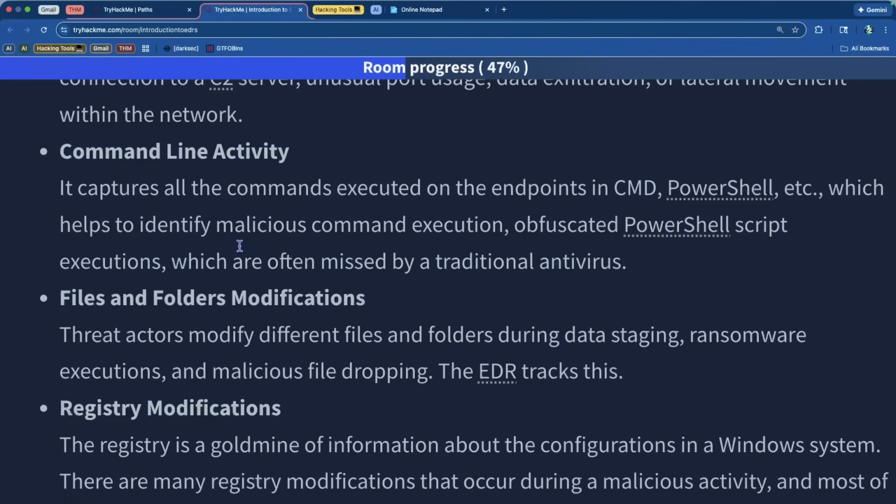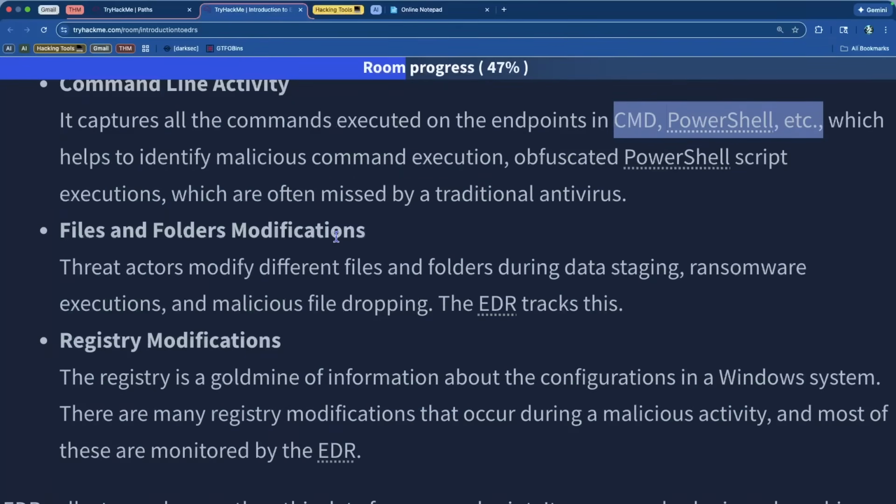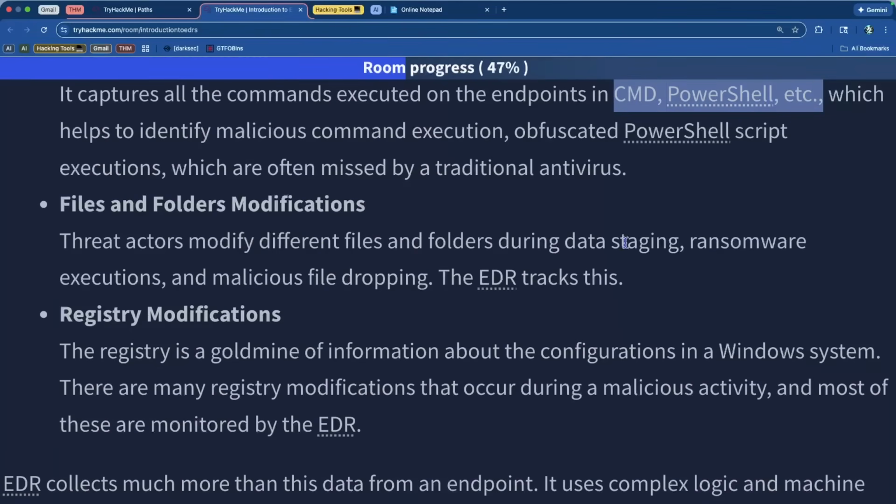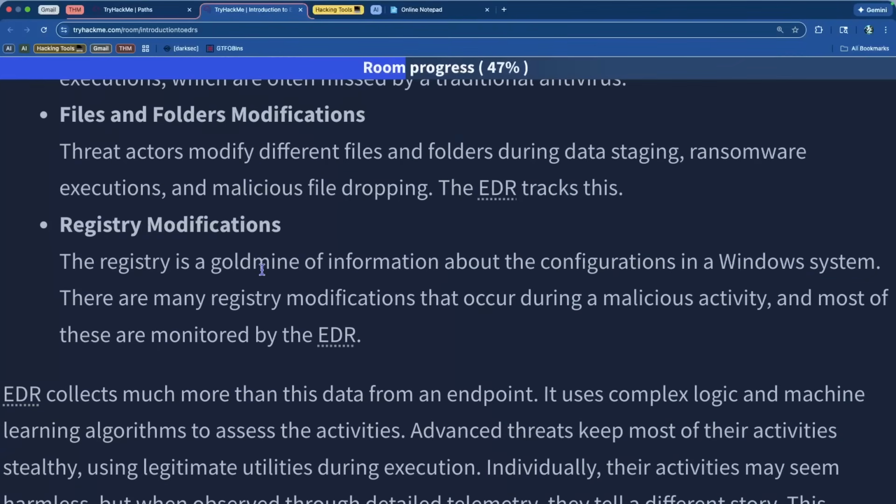Command line activity: all the commands executed on the endpoint in CMD, PowerShell, Terminal, Bash, whatever. This helps to identify malicious command execution and obfuscated PowerShell script executions, which are often missed by a traditional antivirus, as we already discussed. File and folder modifications: modifying different files and folders during data staging, ransomware executions, and malicious file dropping. The EDR tracks all of this.